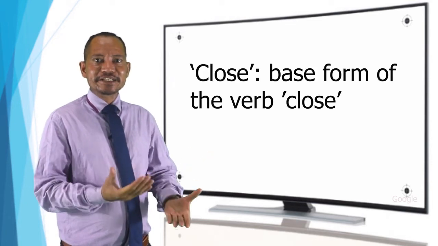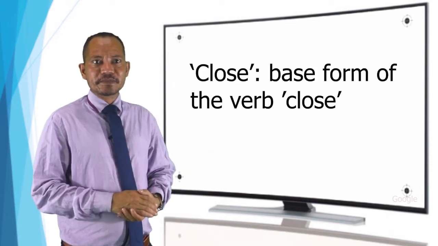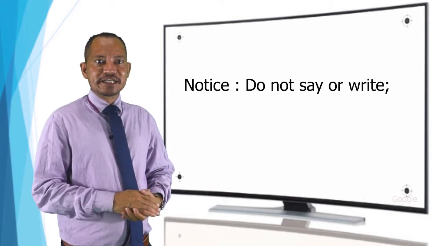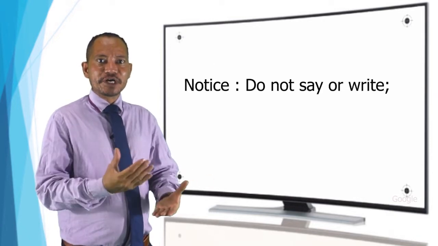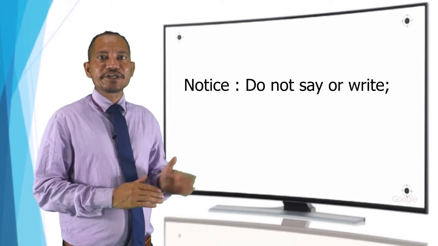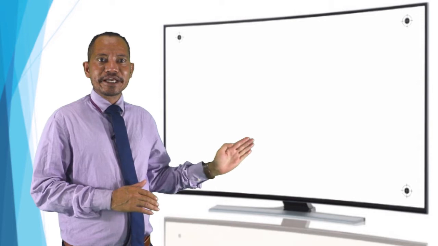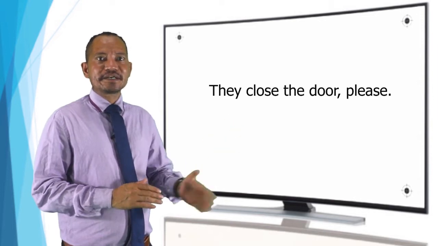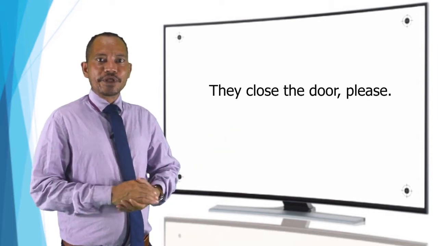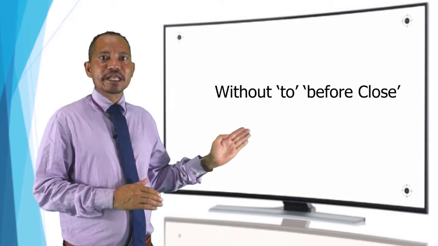As you can see in this example sentence, close is the base form of the verb close. And notice that there is no subject before close. For example, we don't say you close, we close, they close the door, please. And also not with to before close.